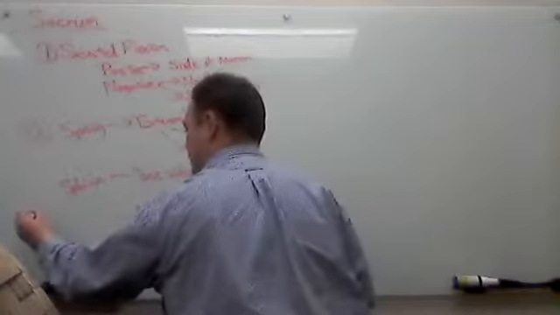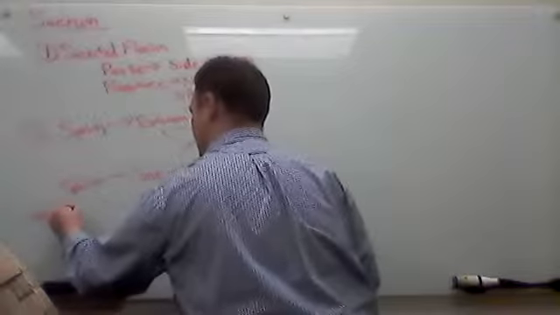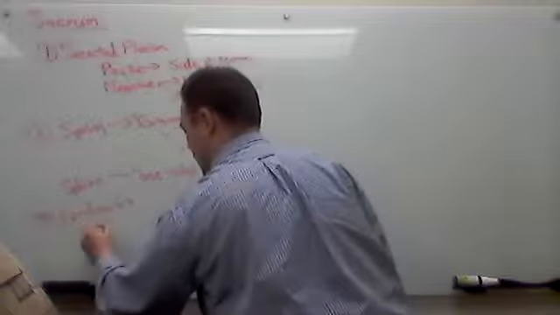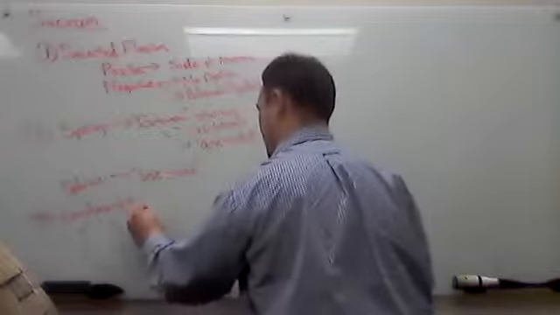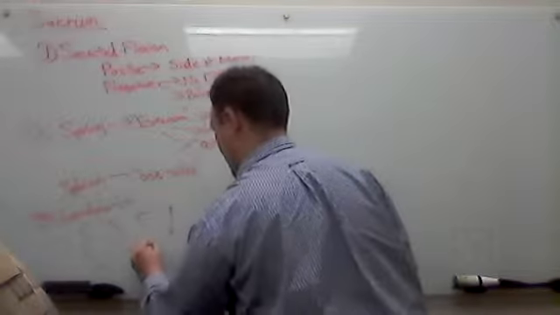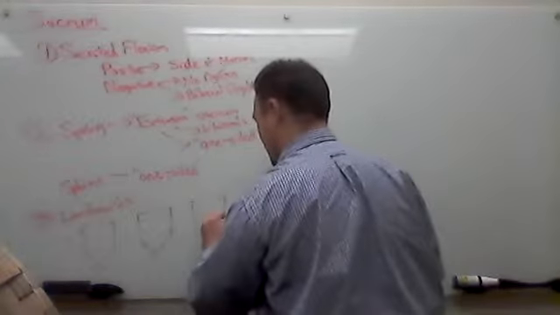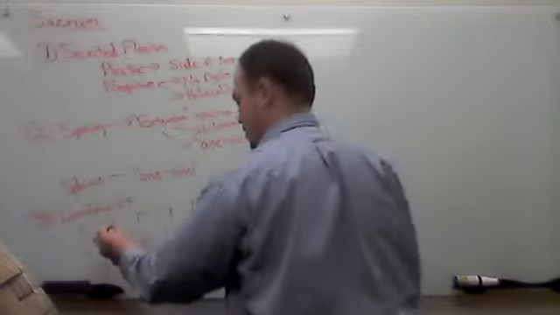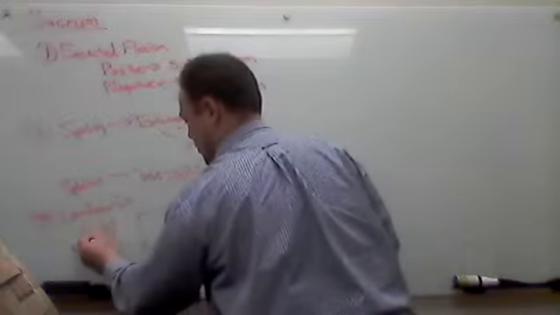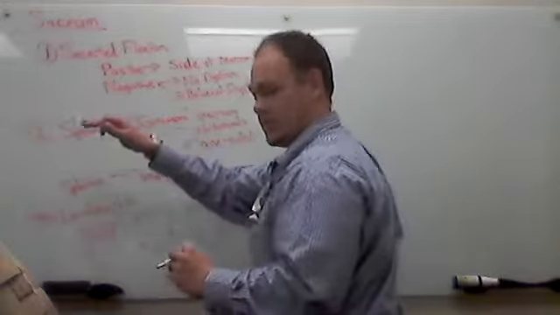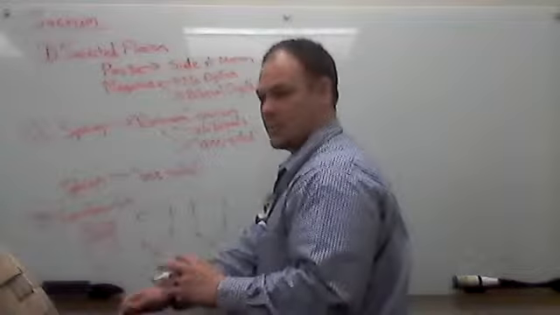Okay, last step, your landmarks. So that's where we draw our beautiful sacrum. And there's three types of dysfunctions that you're going to have. You're going to have your bilaterals, where both the superior segments or the inferior segments are going to be posterior.